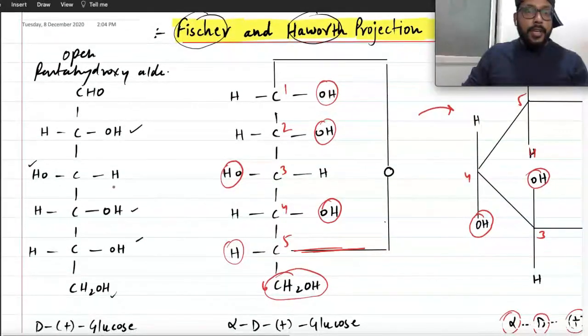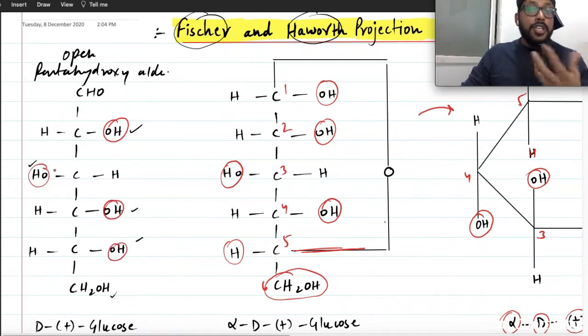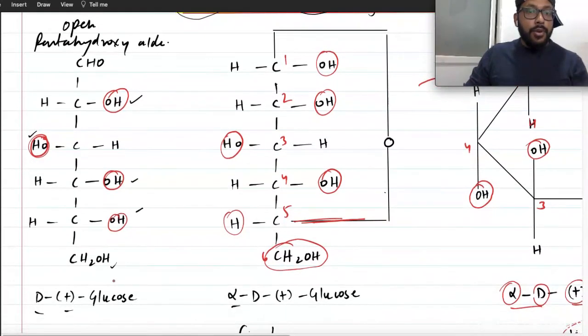Okay, you can easily see here all the OH are present toward the right, and this is toward the left. This is stereoisomerism, and you can study it in stereoisomers. If the position of OH is changed, the structure will not be glucose, it will be mannose, and if the fourth position of OH is changed, then the structure will not be glucose, it will convert into galactose, right?